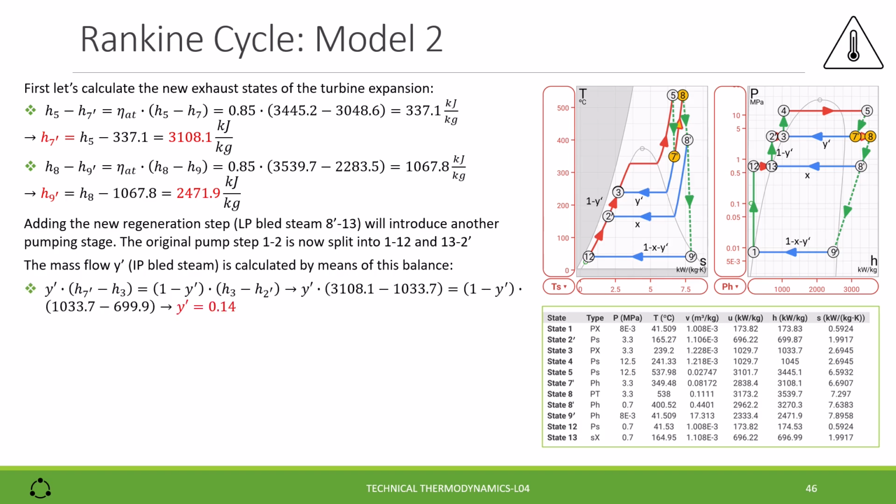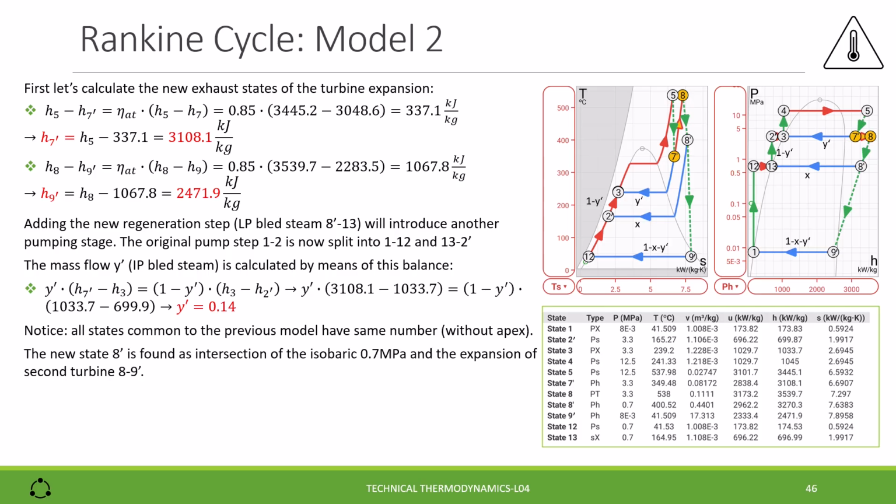Y prime H7 prime minus H3 equals 1 minus Y prime into H3 minus H2 prime, and we find for Y prime the value of 0.14.